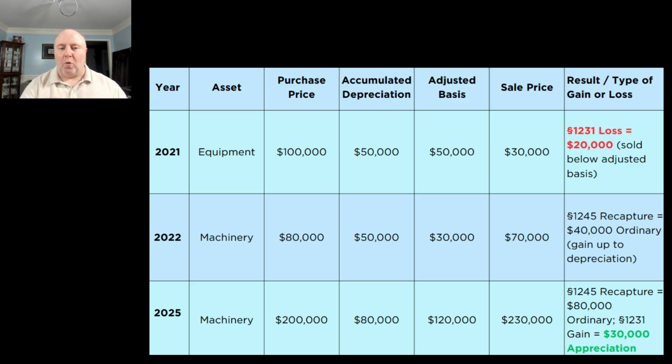Our rule was we take for 1245 the lower of accumulated depreciation, $50,000, or our realized gain, which is $40,000. Well, $40,000 is lower than our accumulated depreciation, so we're going to recapture all $40,000 of gain. It's now 1245, and it's treated as ordinary gain. Not what we want as a taxpayer particularly, but that's the way that 1231 and 1245 read.